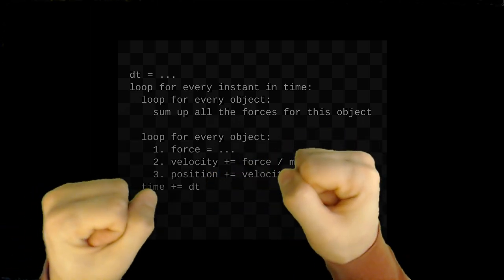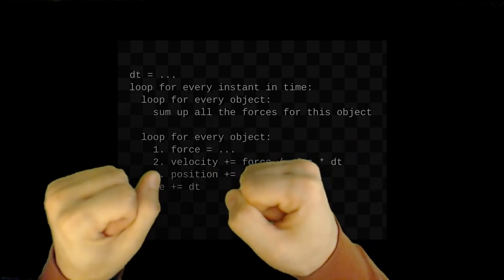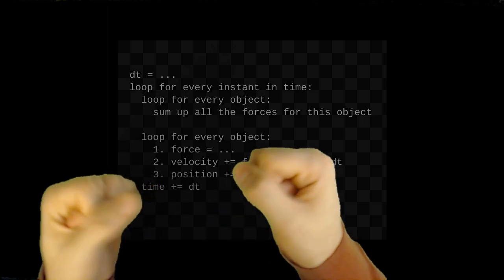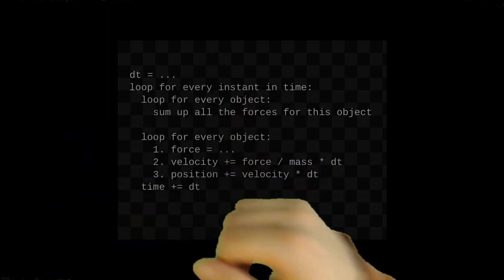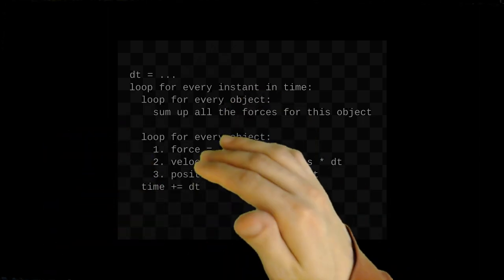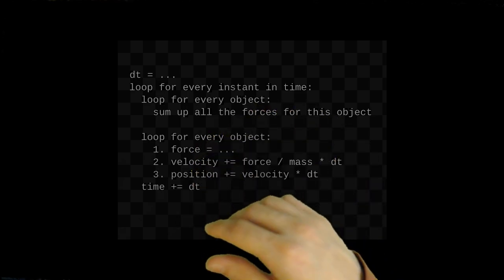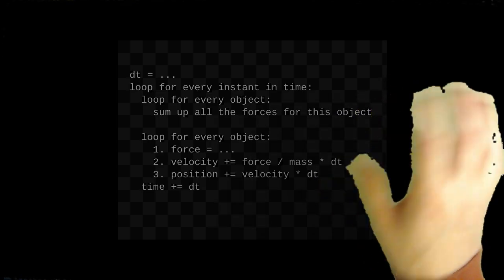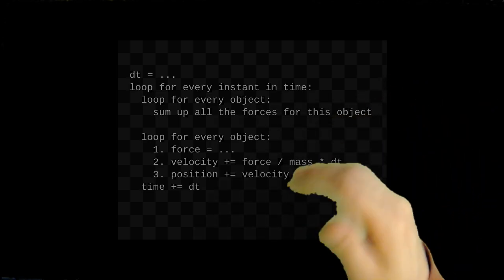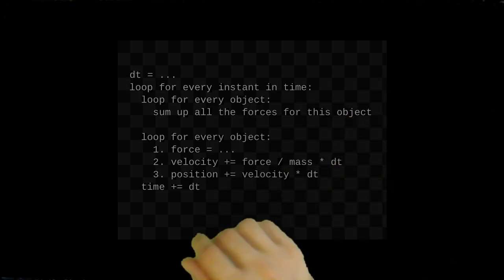Because one will move, and then this one will calculate its force, and they'll be different. And this violates the one thing that I said that forces always do. They're always equal and opposite. So this simulation loop, while slightly more complicated, is more accurate. I just wanted to clear that up.